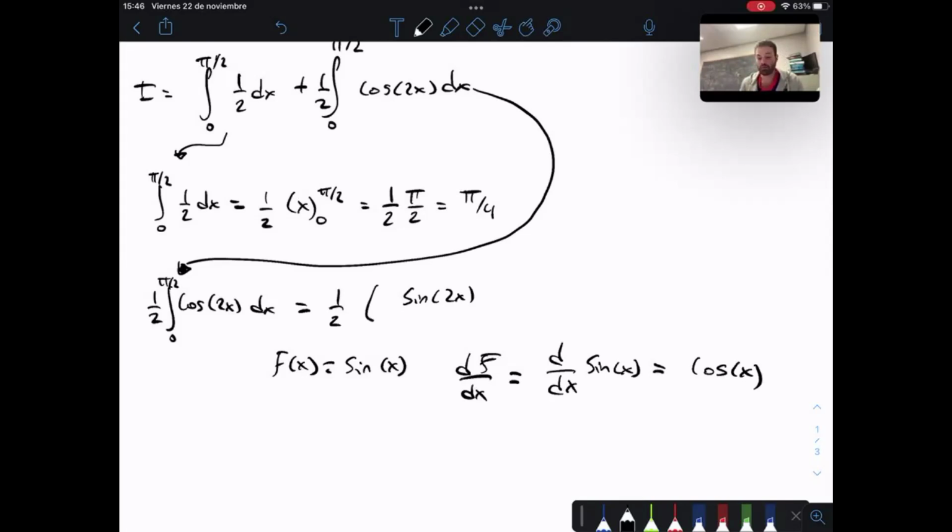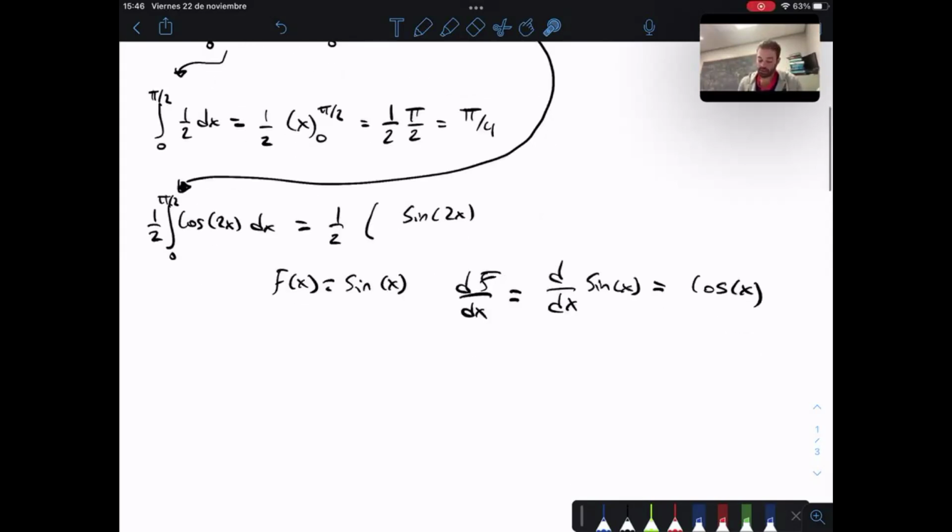Now we're missing one thing because here the argument is only x, right? However, if the argument of our function has something else, we need to account for the derivative of what is inside that argument, which means that if our function of x is equal to sine of 2x, then we need to do the derivative with respect to 2x of sine times the derivative of 2x with respect to x.